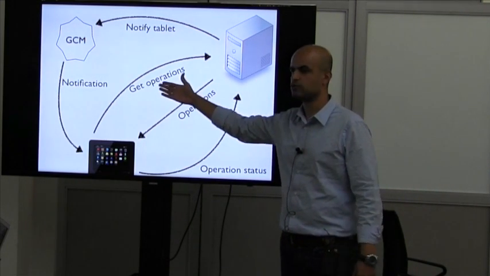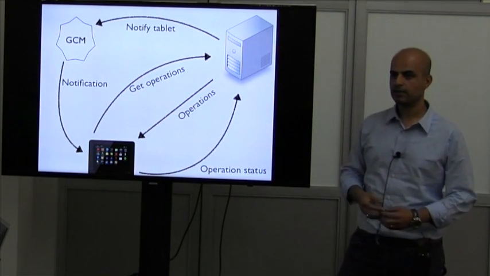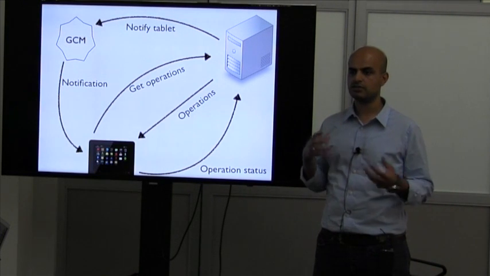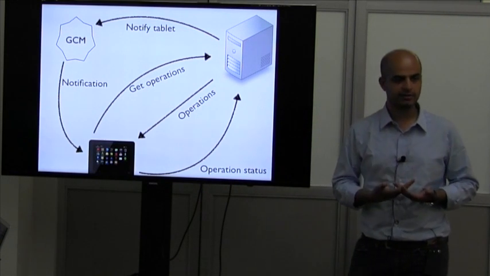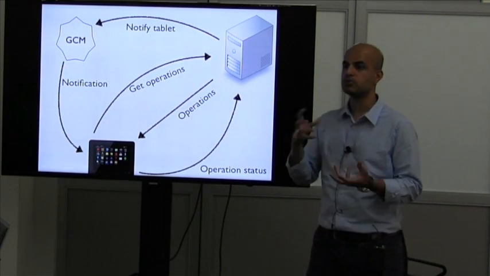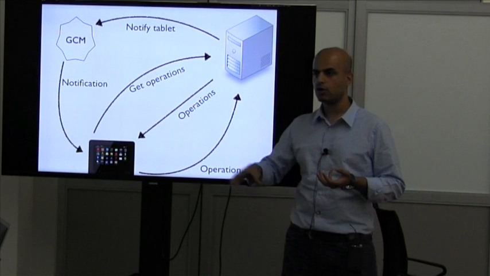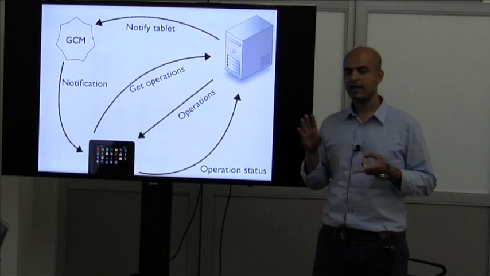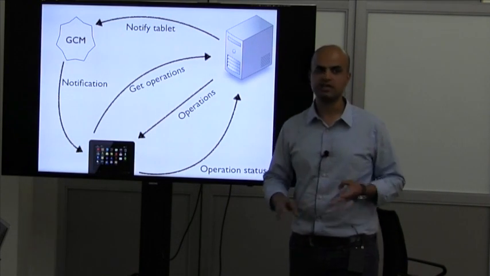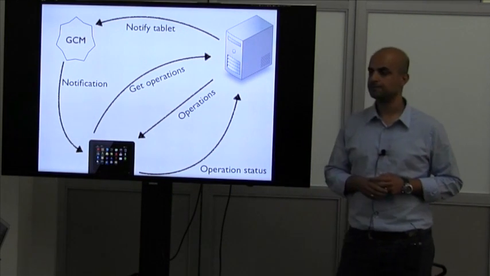And then it asks for its operations, and we send back different operations. These operations are nothing but a JSON payload that we send to the tablet, and the remote agent on the tablet knows how to interpret those messages. Then it goes along and processes all these different messages, like showing a message to the user, installing a certain app, blocking settings, and whatnot. And then when it's done, it reports back the status to the server.